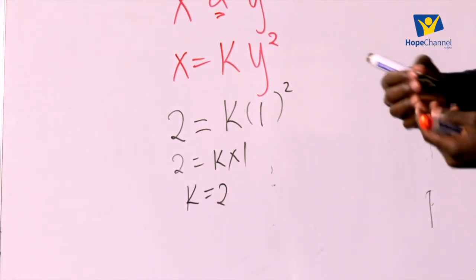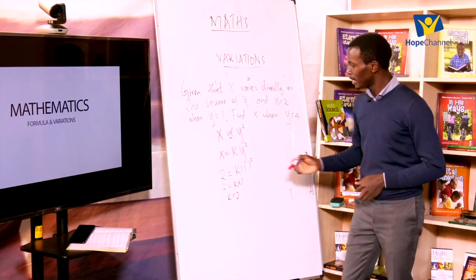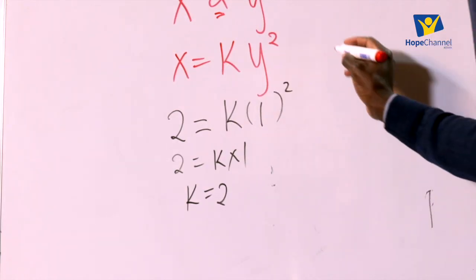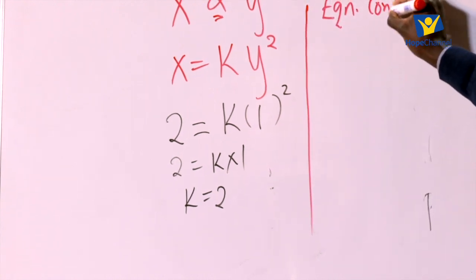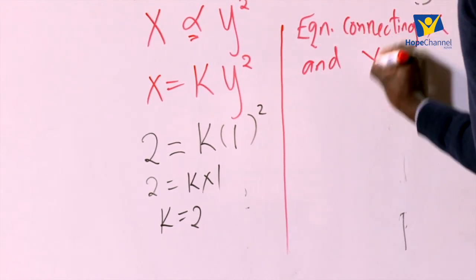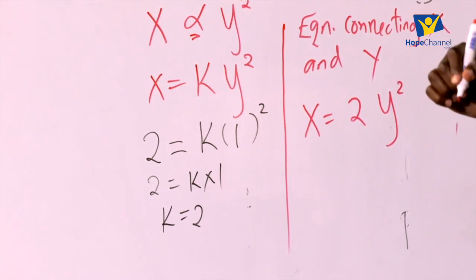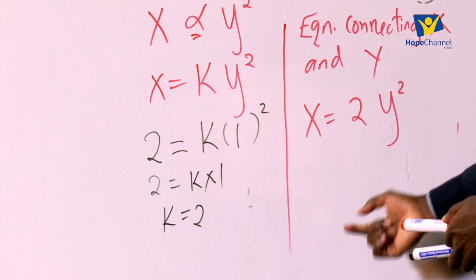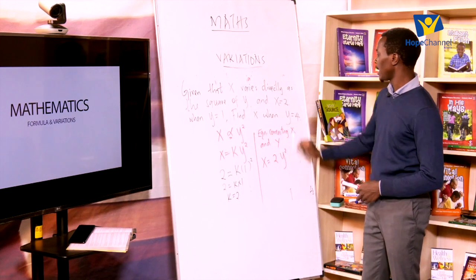If we were asked the equation connecting x and y, you will bring these two and substitute in this equation, so the equation connecting x and y will be x is equal to 2y squared, because now we have found the value of k. Now this equation will help us to find x when y is equal to 4.